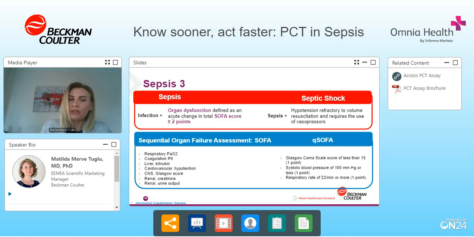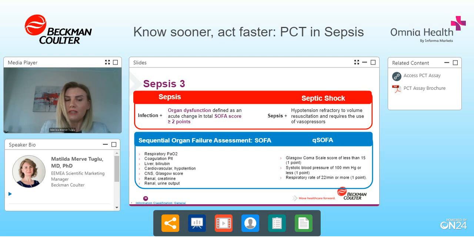There are various scoring systems to assess organ dysfunction severity. Those systems can quantify abnormalities according to clinical findings, laboratory data, or therapeutic interventions, but the predominant assessment score in current use is the Sequential Organ Failure Assessment, which is called SOFA.